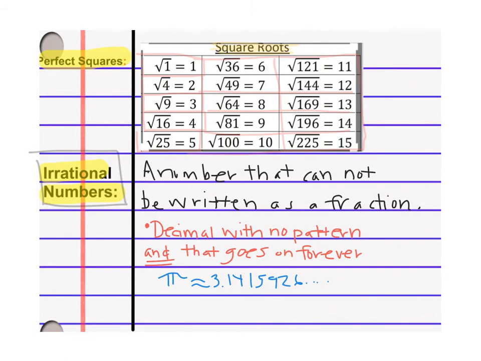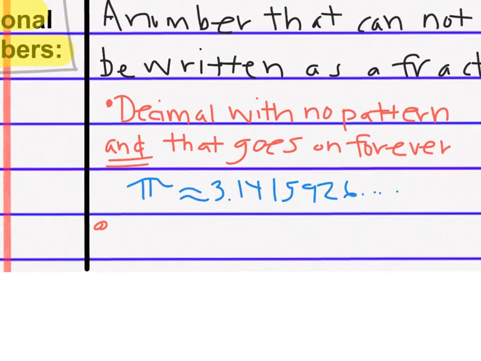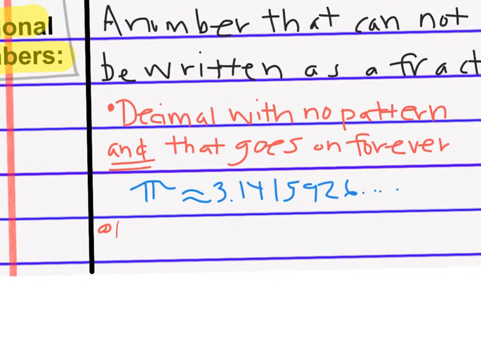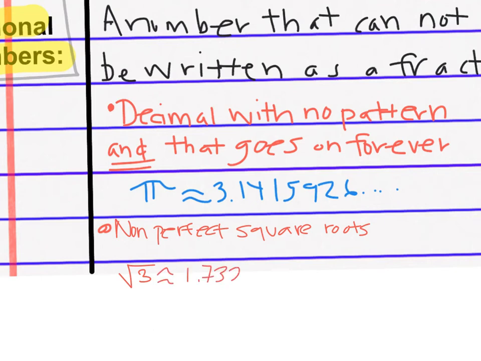Another common way we see irrational numbers, and the reason why I put this square root chart, is what are called non-perfect square roots. For example, if you were to type the square root of 3 into your calculator, it would give you something like 1.7320508, on and on and on.